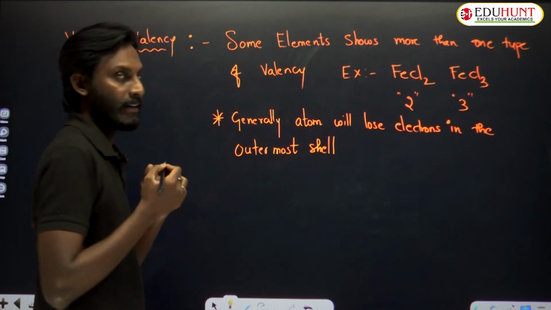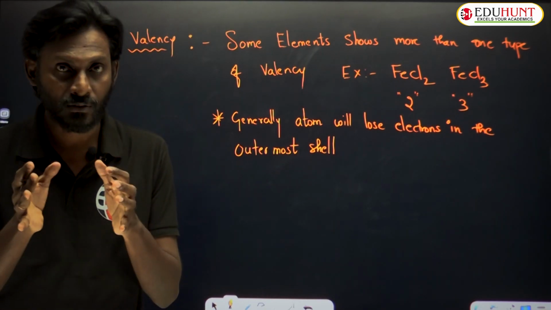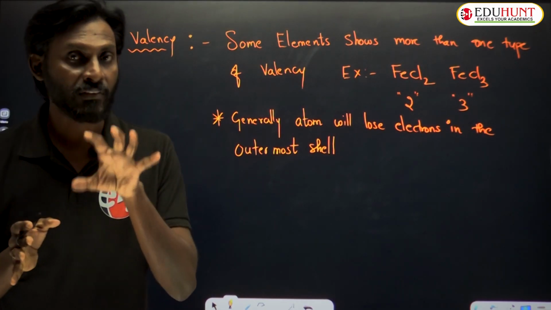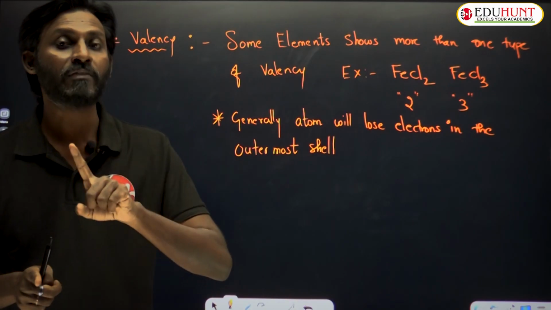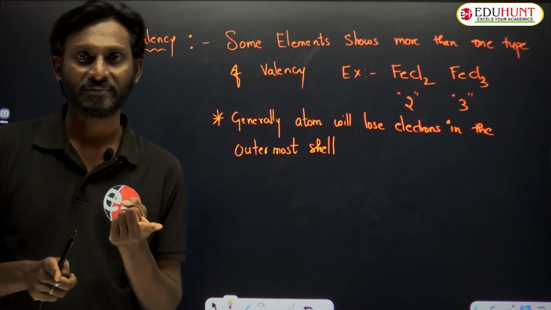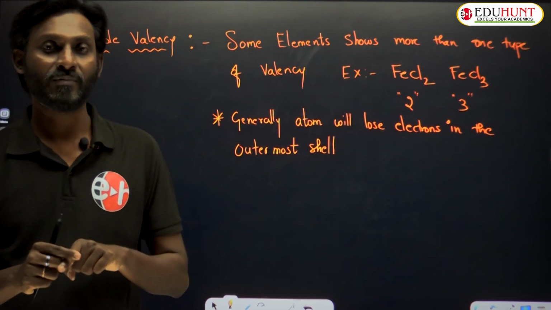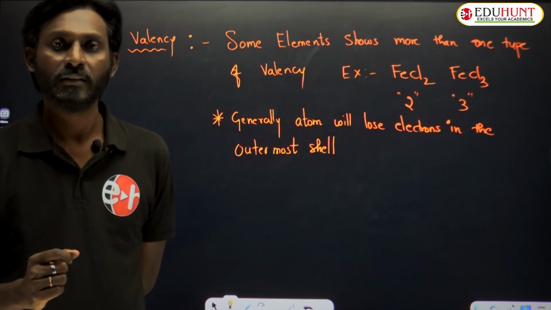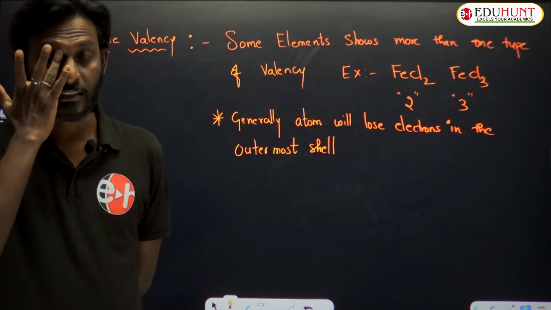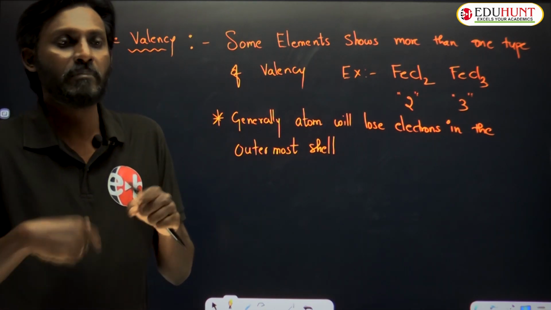In the previous video, I explained how to identify the valency. I explained one point: the number of electrons lost, or the number of electrons gained, or the number of electrons shared to form a bond, that is the valency. So here, iron is going to lose electrons to combine with chlorine.